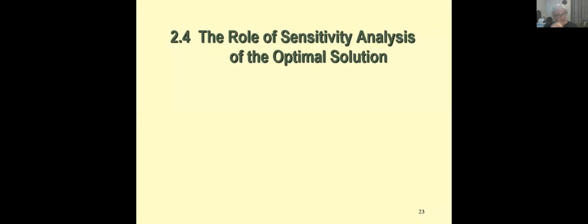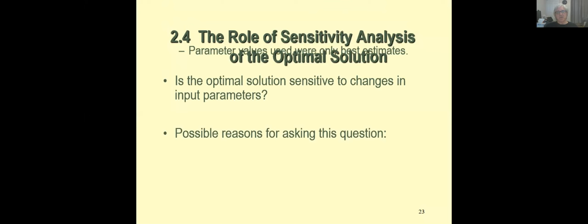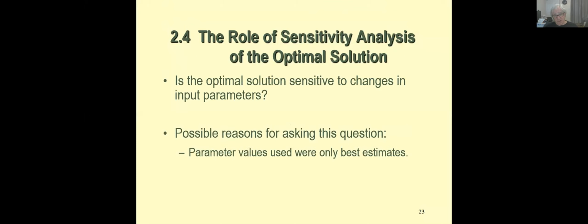In linear programming, like in any other decision situation and optimization, the input parameters are not necessarily known with certainty, and you use them as if you do know them. So after you optimize and come up with an answer, you might get questions of the what if type.